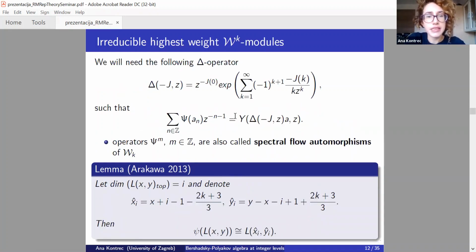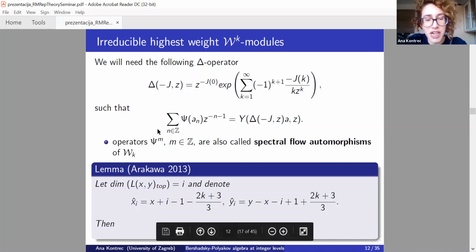Okay, and then using this delta operator here, which produces a family of automorphisms, we obtain this nice symmetry result. I mean, this is a result by Arakawa, but it's really integral to our work.